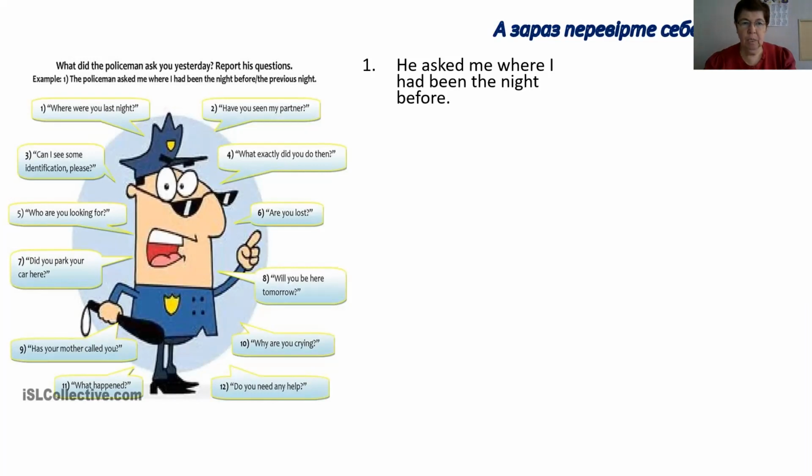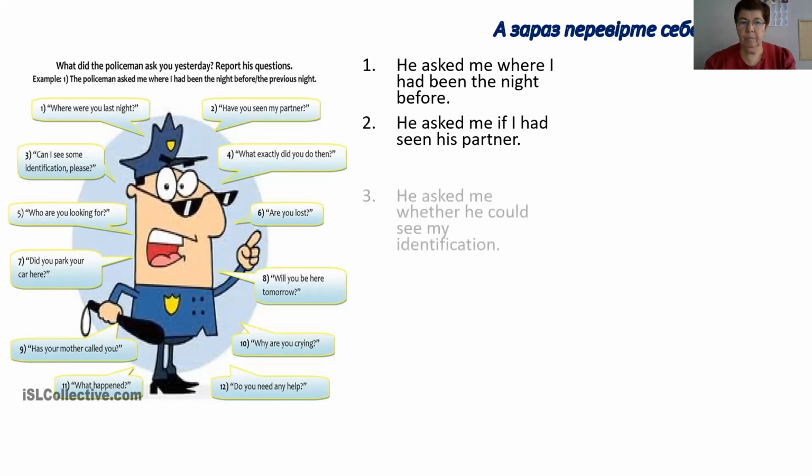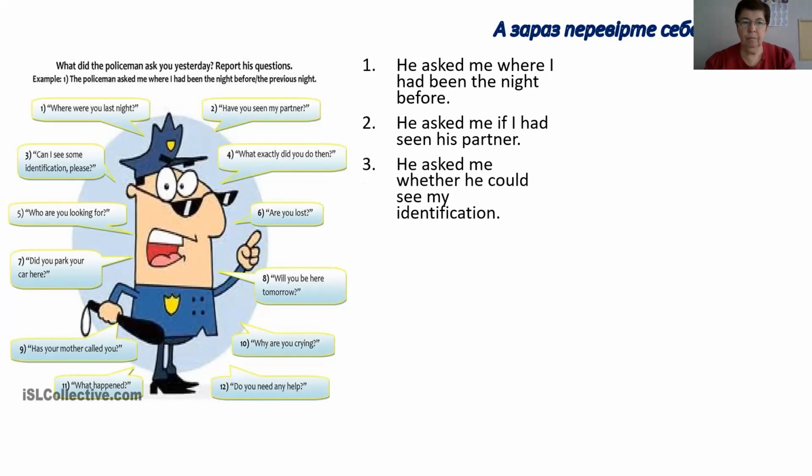Have you seen my partner? You tell your mom, he asked me if I had seen his partner. Can I see some identification, please? He asked me whether he could see my identification. What exactly did you do then?